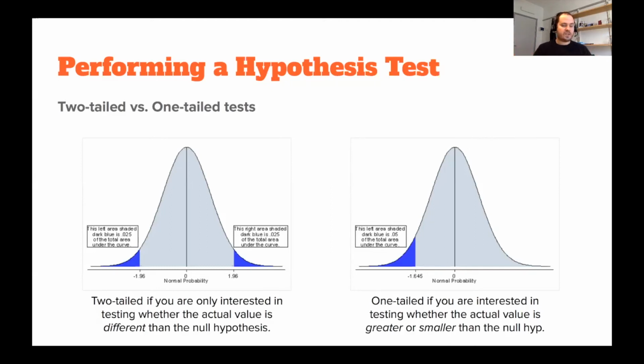Because, for example, if you have a null hypothesis that people on average buy 3 cups of coffee every day, LNU students, your alternative hypothesis could be that actually they buy more than 3 cups of coffee every day, or less. This is your alternative hypothesis. Remember, this is the one that you actually think is true, but you're not testing for that. You're testing for the null one. So your null hypothesis is that the average number of cups of coffee is 3.